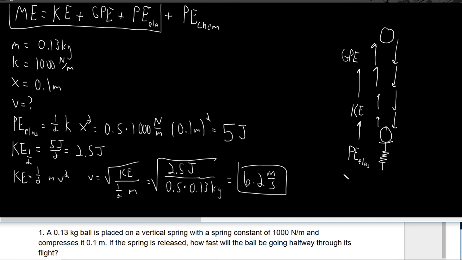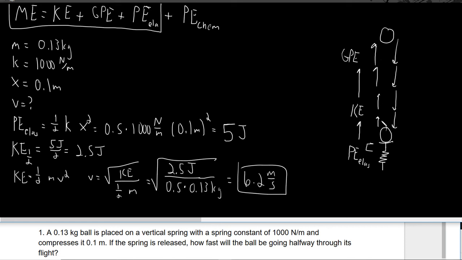So whatever the mechanical energy is, when the spring is compressed, 100% of our mechanical energy was elastic potential energy. As soon as that spring's released, 100% of our mechanical energy was kinetic energy. And then as it went up, that kinetic energy became GPE, at the top of the flight, I guess, when 100% of the mechanical energy was GPE, and then it's always some proportion of GPE and KE on its way down.